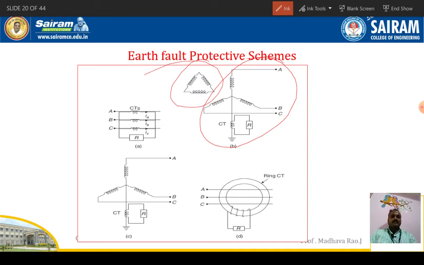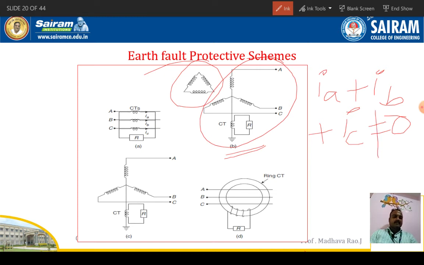Whenever the stator winding carries currents IA, IB, IC, in a healthy induction motor IA plus IB plus IC is always equal to 0. Whenever a fault occurs, it does not equal 0.